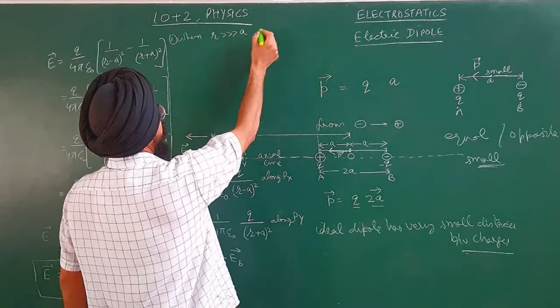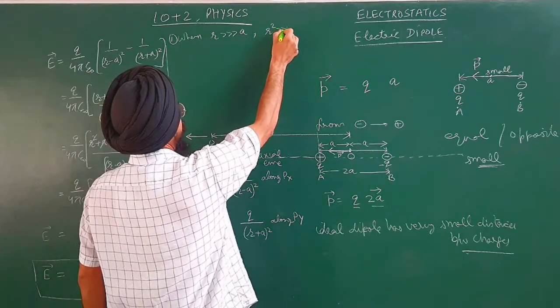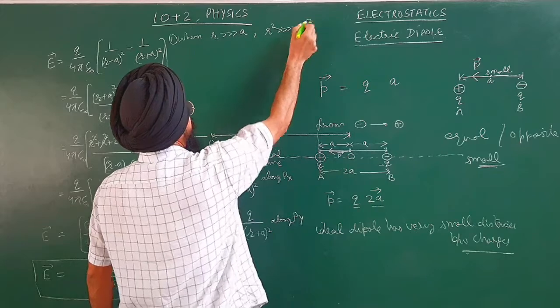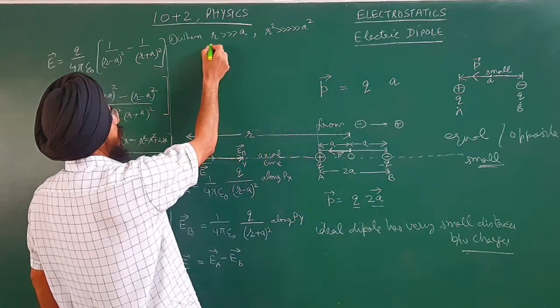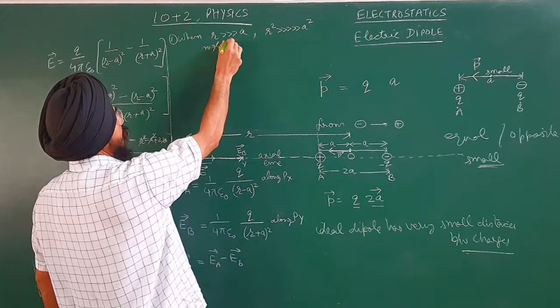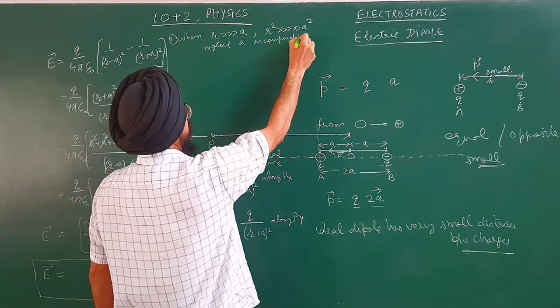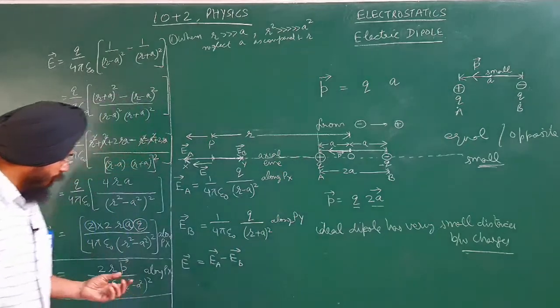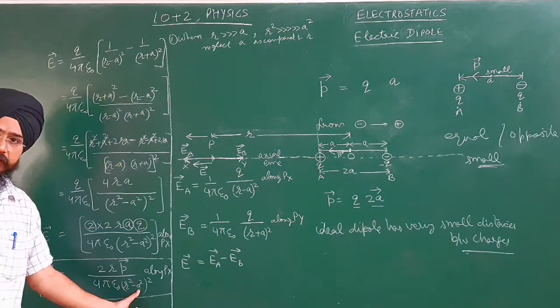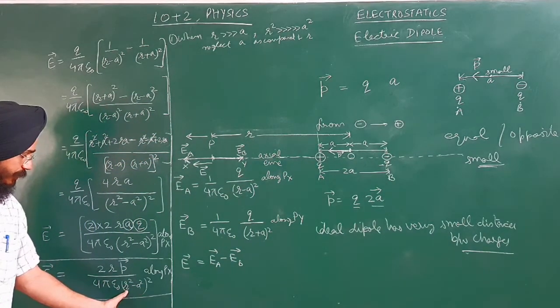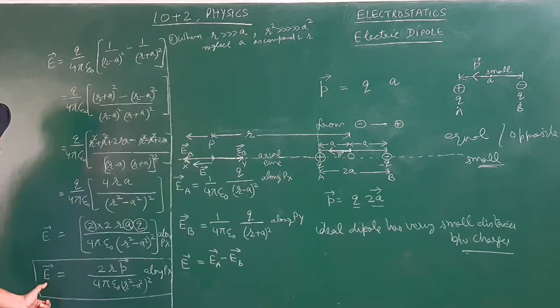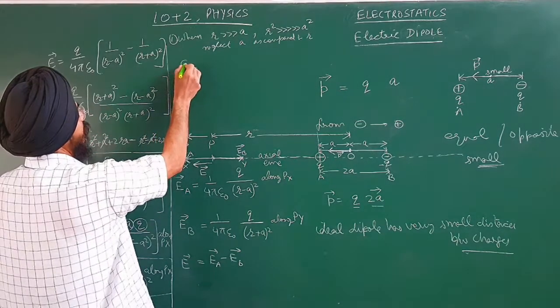So we can neglect a as compared to r. If we neglect a square as compared to r square, then what will our final expression become?